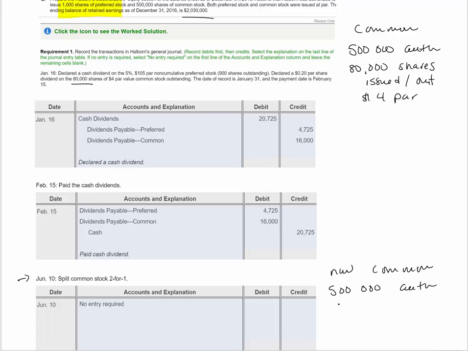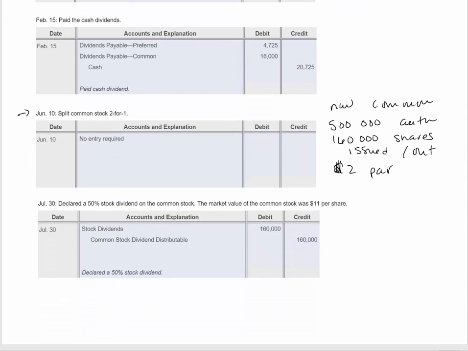But we take the number of shares times 2, so now that's 160,000 shares issued and outstanding, and the par is divided by 2, so it's $2 par. That doesn't change the total amount of stock that's there. There's twice as many shares, but they're each half the size they were before.